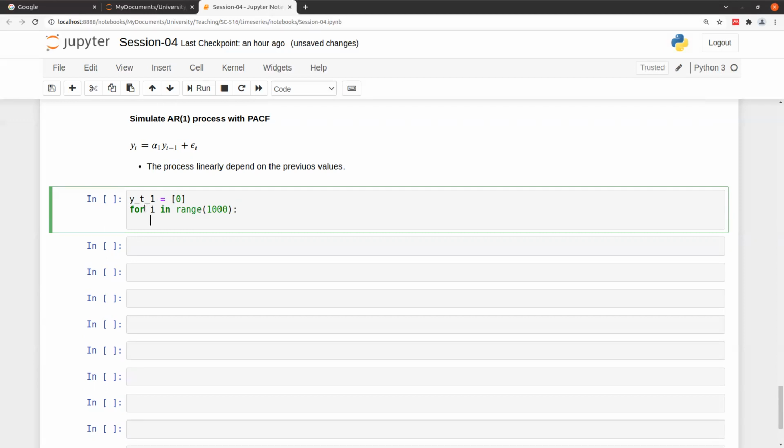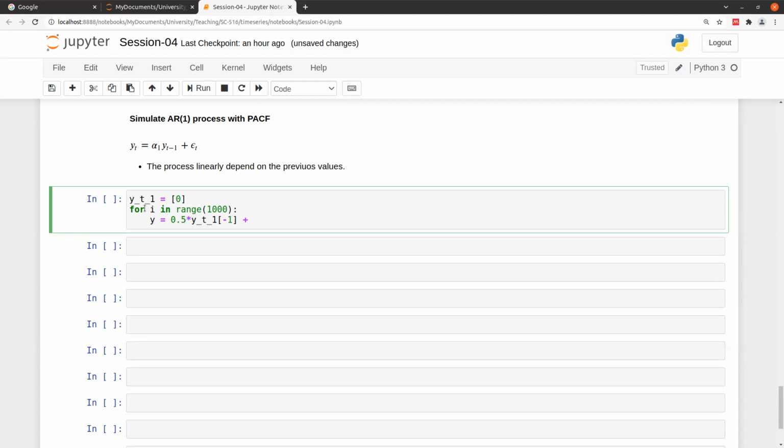Then what we have to do is simulate the equation y equals alpha times y t minus 1 plus epsilon, setting alpha to 0.5 as usual. You can play around with whatever values, it's totally up to you. Then y t minus 1 is y underscore t underscore 1, the last value, which for right now is 0.